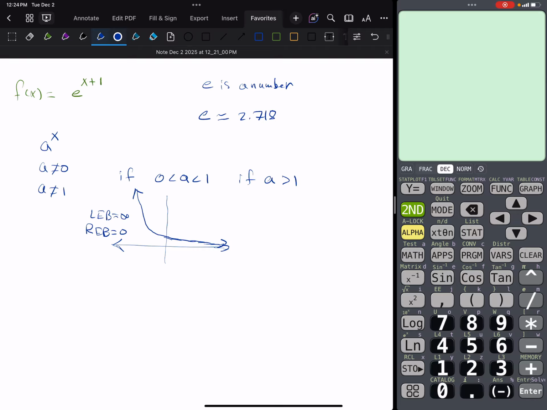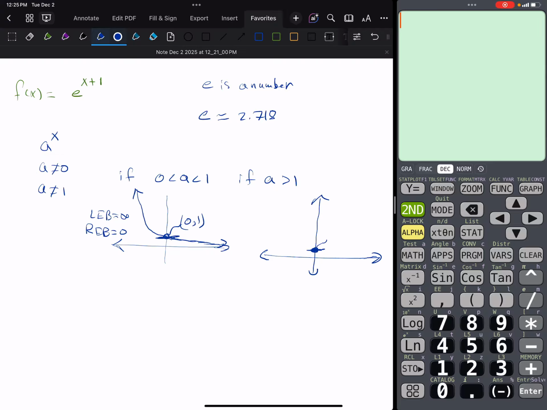And then if a is greater than 1, similarly, the base graph still has that y-intercept of (0, 1), because anything to the 0 other than 0 to the 0, which is undefined, is 1, which is, by the way, why we can't have a equals 0, because 0 to the 0 is undefined.